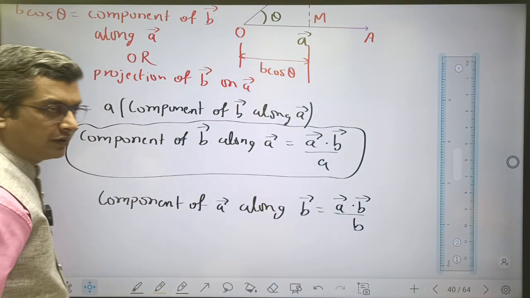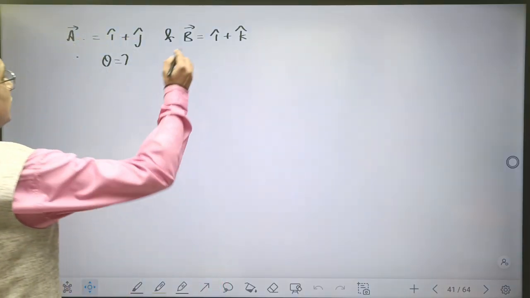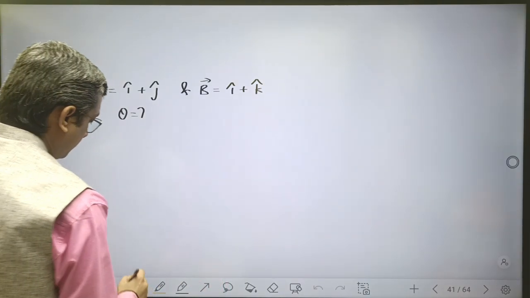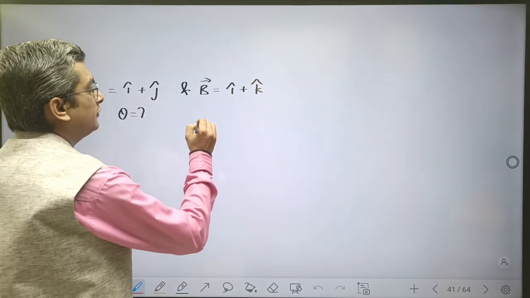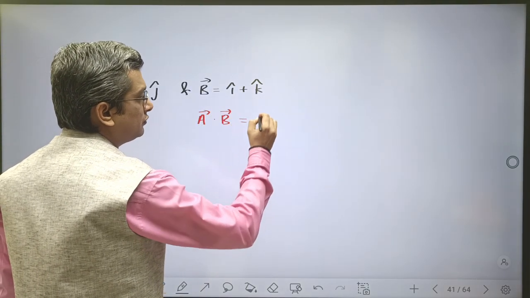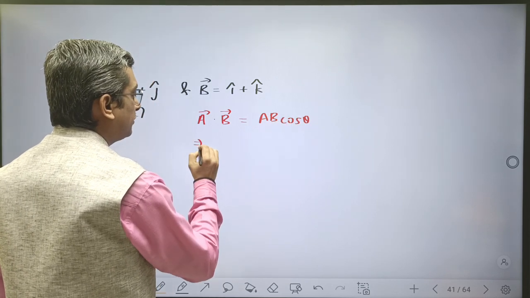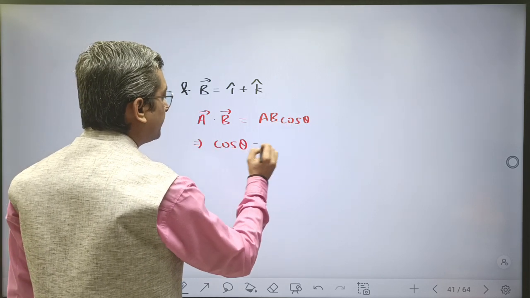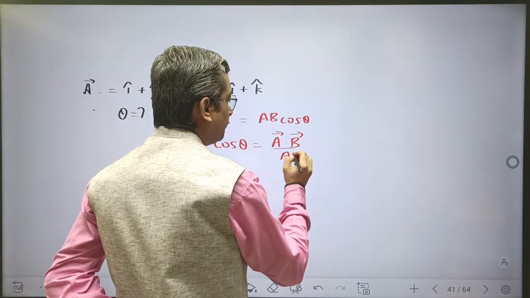And this is the component of vector A along B. So here A vector is given and B vector is given as this value. So how can you solve it? Let us take A dot B, isn't it? To find the angle between the two vectors, you can use the dot product. So from here we get cos theta is equal to A dot B by AB.